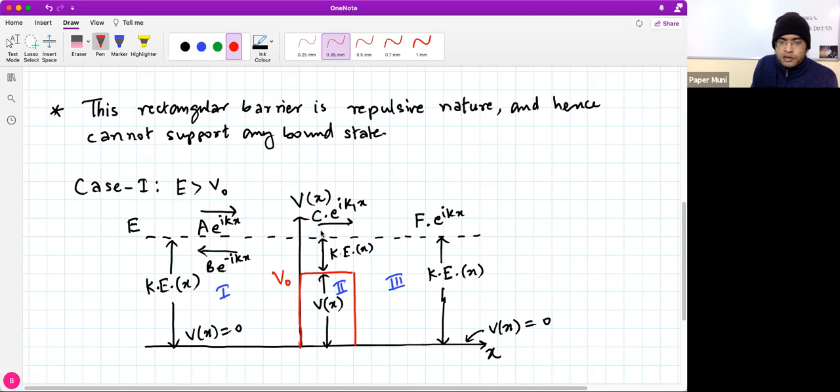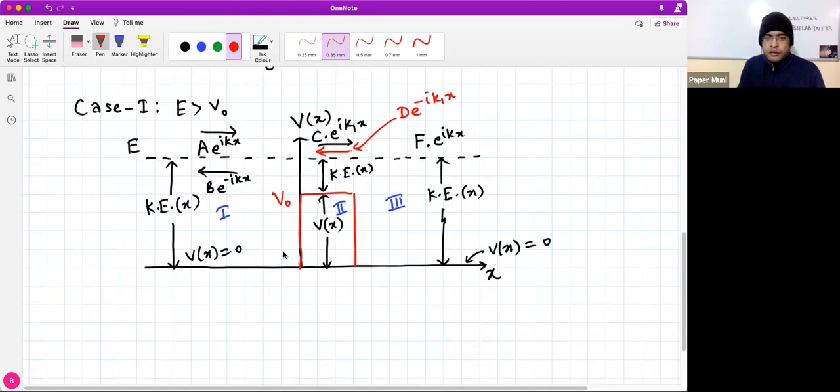There is a reflected wave also, and this will have the equation d e to the power minus i k1x. So I hope this is very much clear. We are not solving any Schrodinger equation. We're just writing it using the results which we have obtained in the step potential. All right, great. Now these are the components which we have in the wave function.